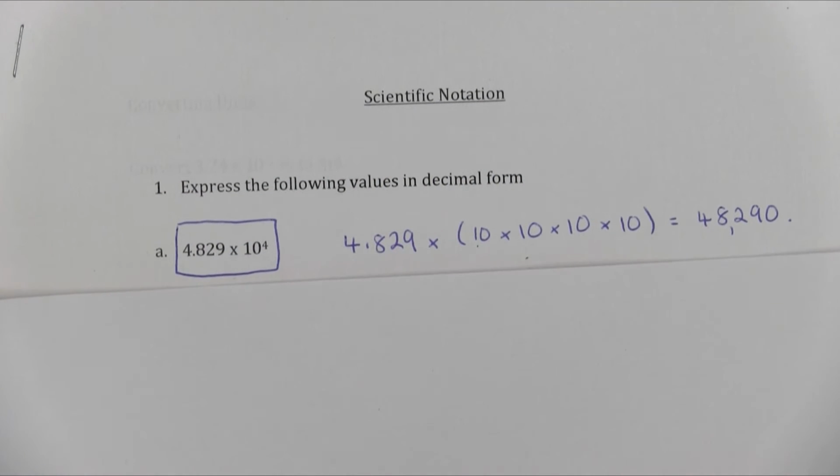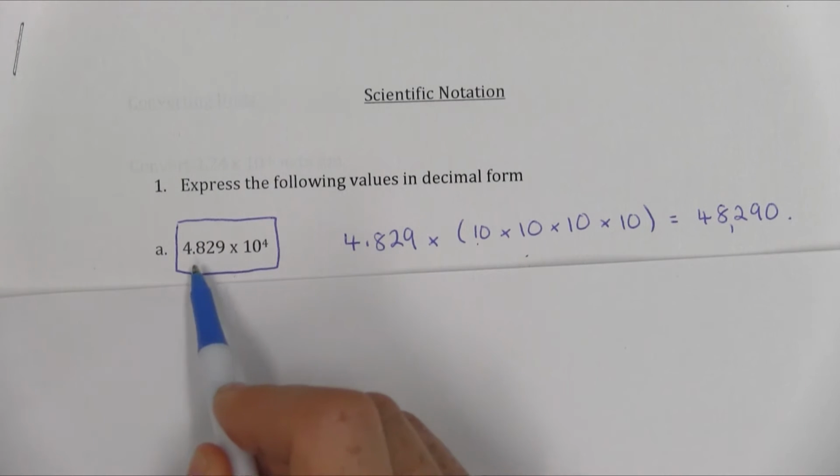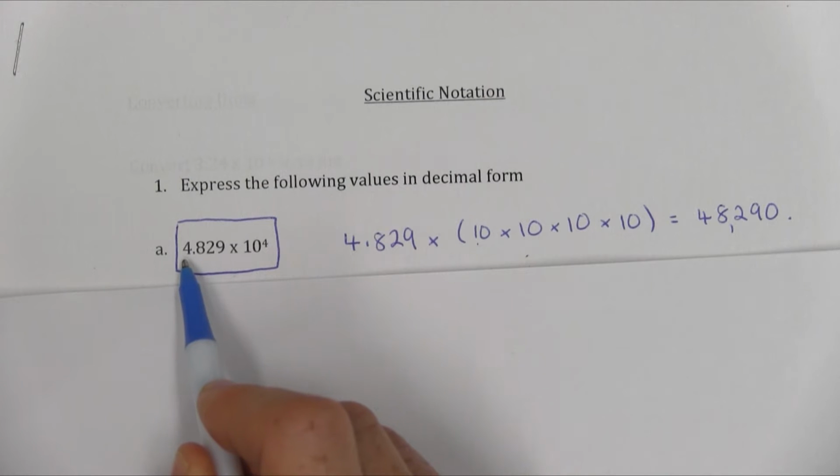Before we move on to the next part of the question, let's just note some important points. Now, in scientific notation, we only ever place one and only one digit to the left of the decimal point in the coefficient, and that number is never 0. So for our example here, that's already in scientific notation, we can see in the coefficient that the digit is 4 in front of the decimal point, it's not 0, and there's only one digit.